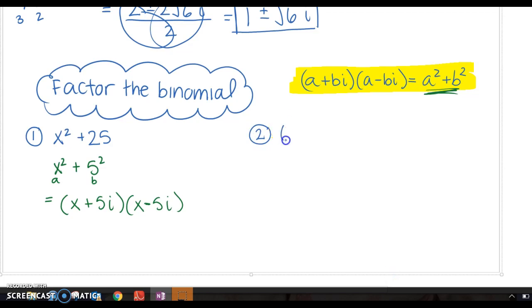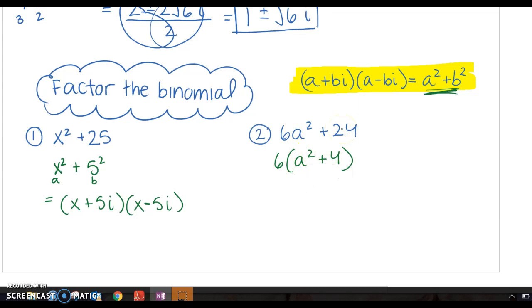For another one, let's do 6a squared plus 24. If we want it to look like a squared plus b squared, we're going to have to pull something out. Basically try to just get rid of that 6. Fortunately, we can take a 6 out of both of these terms. So 6 times a squared plus 4, because 6 times a squared is 6a squared and 6 times 4 is 24.